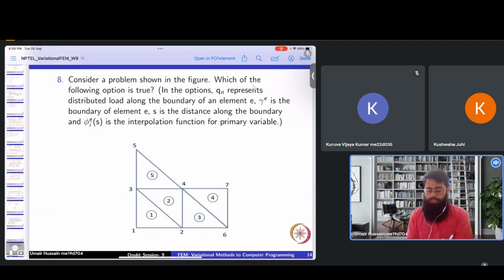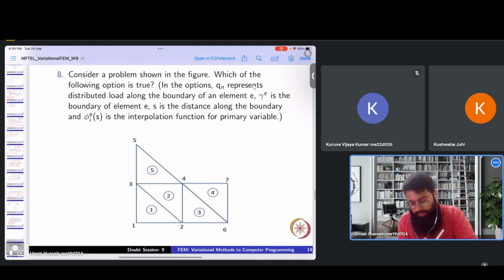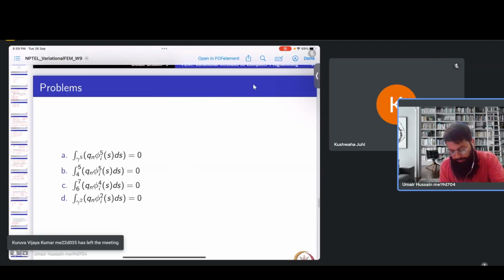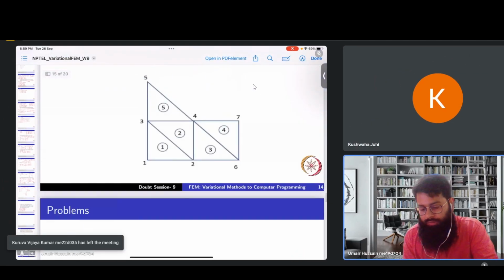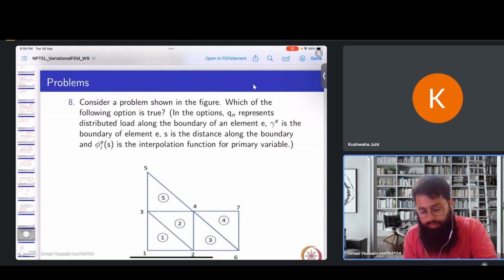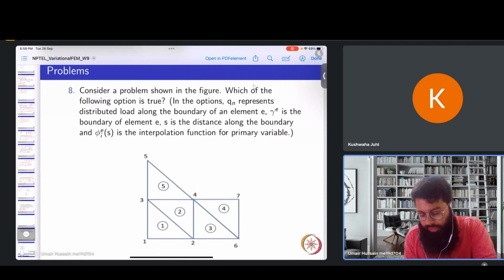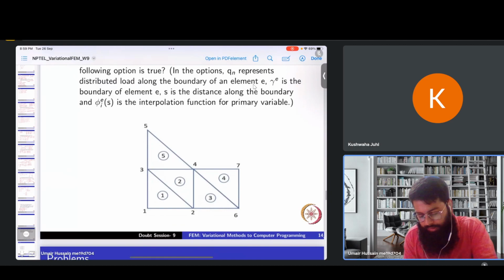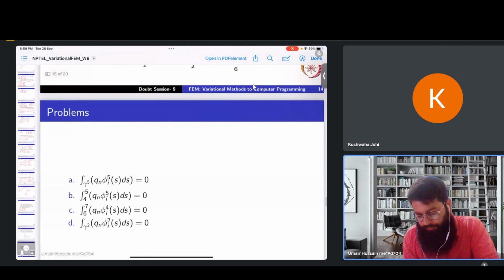The numbers in circles are the element numbers, and the other numbers are the node numbers. In these options, Qn represents the distributed load along the boundary of the element E. Gamma is the boundary of the element E, S is the distance along the boundary, and phi Es is the interpolation function for the primary variable. So which of these is true?